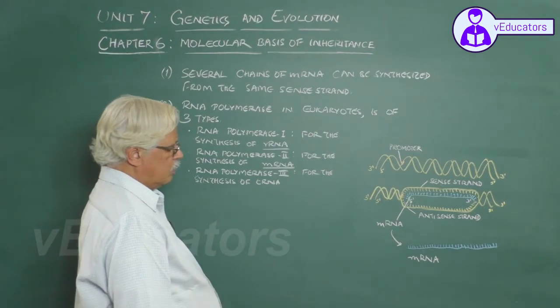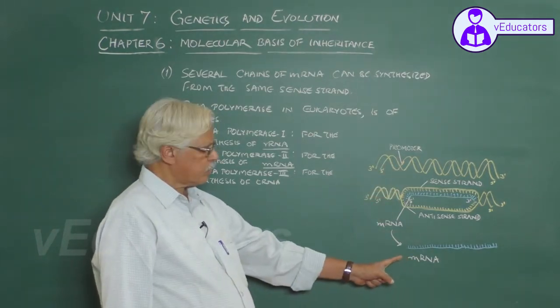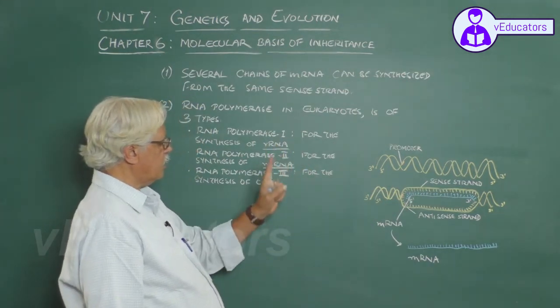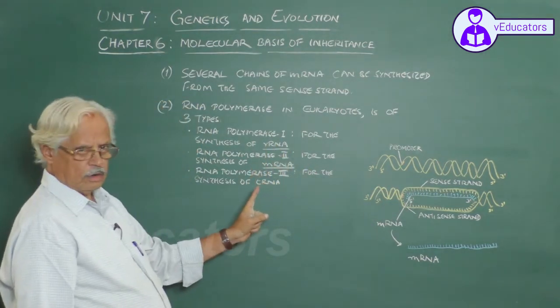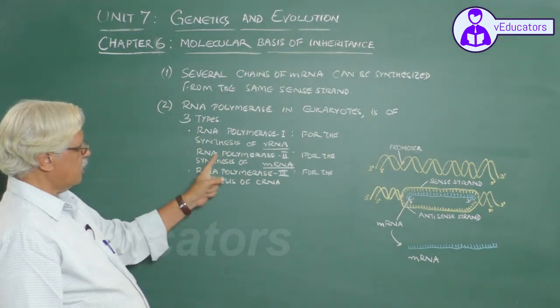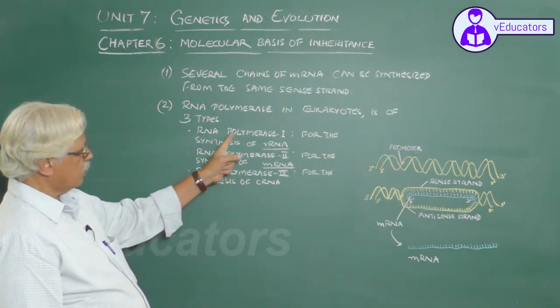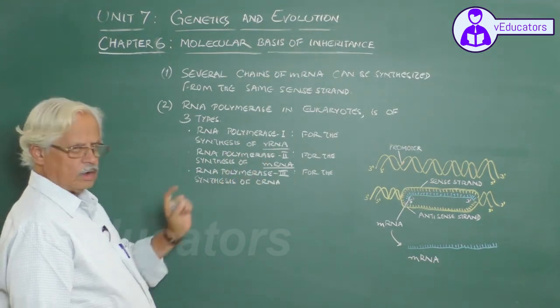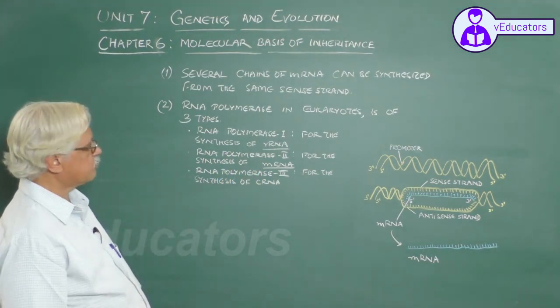So, the mechanism is the same. Whether this RNA is going to be rRNA or mRNA or tRNA is decided by the enzyme involved: RNA polymerase 1, RNA polymerase 2, and RNA polymerase 3.